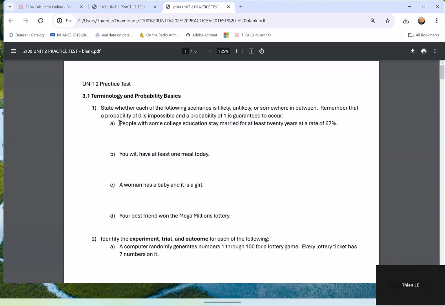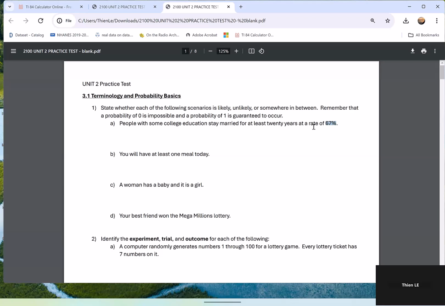So the first part of this problem: people with some college education stay married at least 20 years at a rate of 67%. So the probability here is 67%, the rate, so we are talking about a proportion, right?